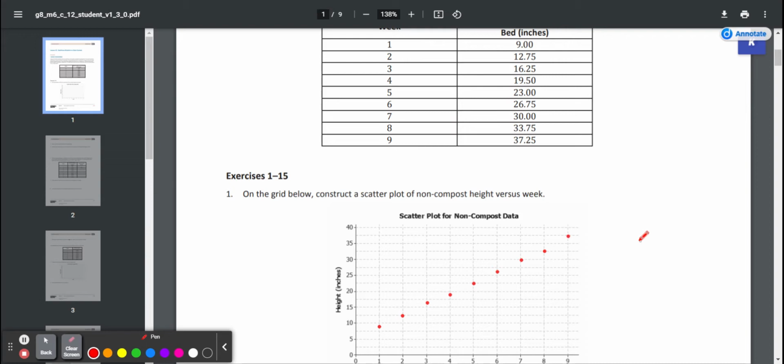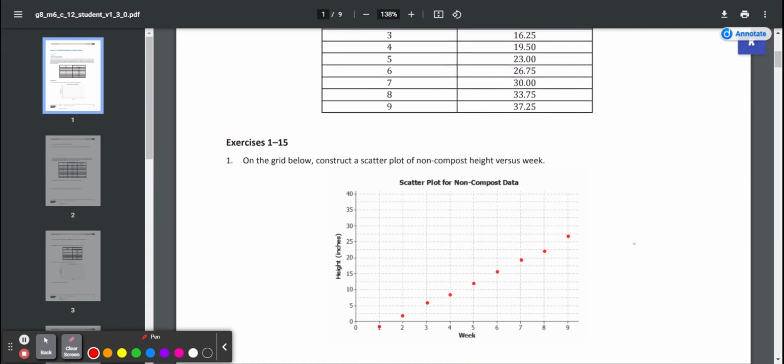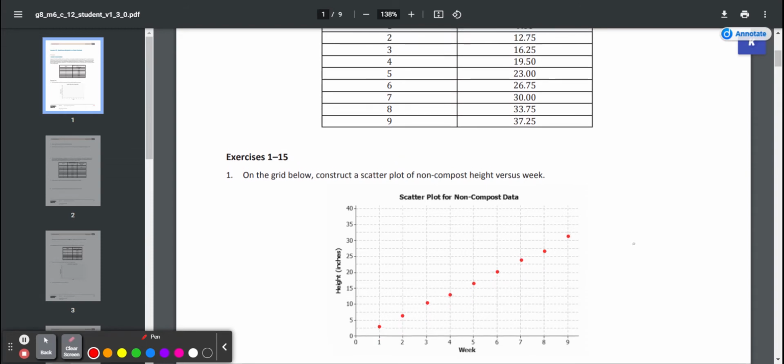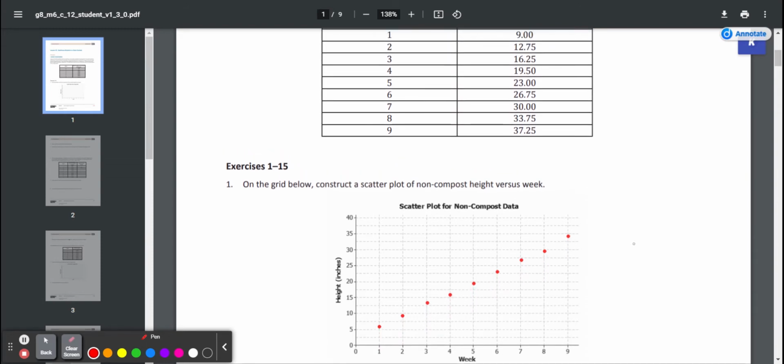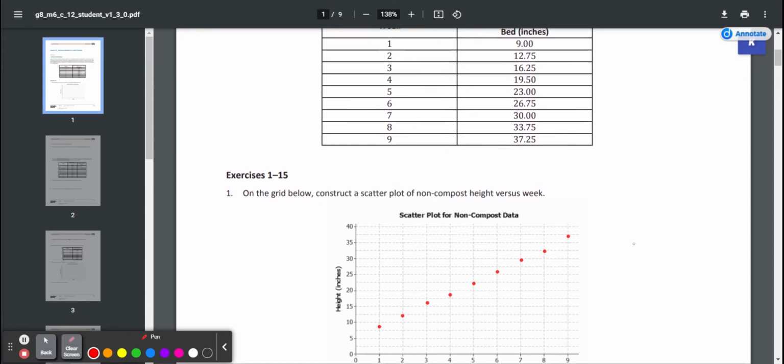All right, so there's our graph, but we're going to say it's linear. If we look at this, we'll notice a couple of things. The first thing is that this does move in a linear fashion.